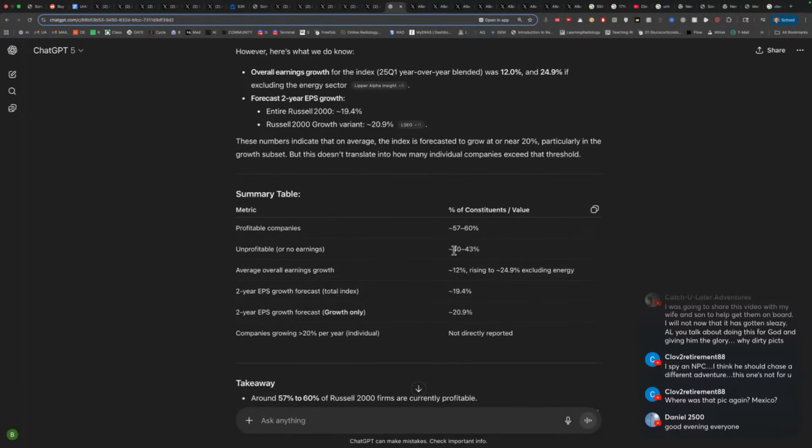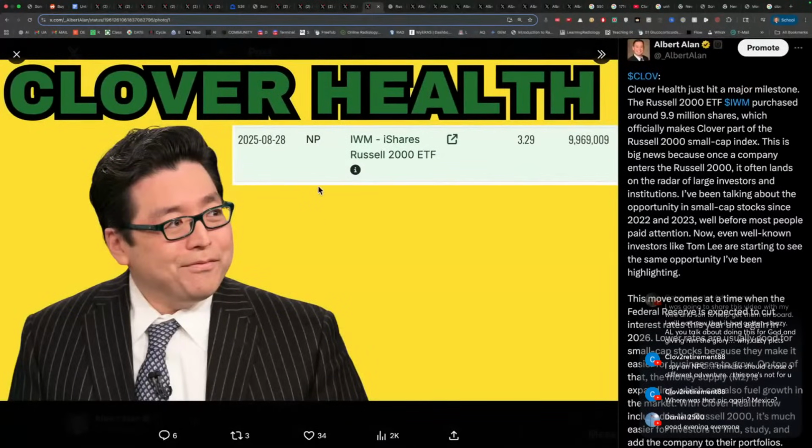There's about 40% that are unprofitable. And I want to say maybe 20% of the profitable ones are growing more than 20%. So you've got to find those, and then think about it and say, okay, is there a future for these companies, right? And soon enough, Tom Lee is going to be looking at Clover, and he's going to be like, oh, wow, right?